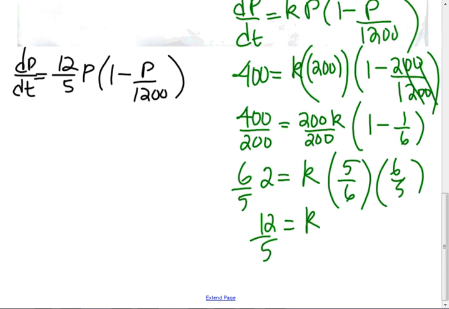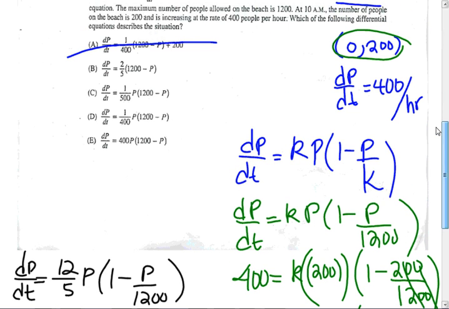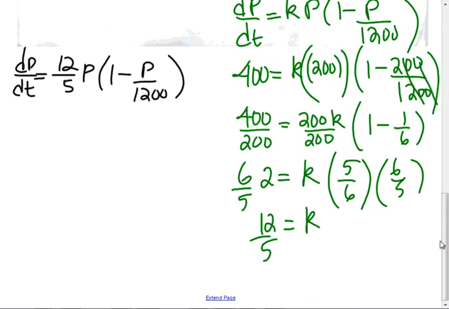All right. That still doesn't look like our answers, does it? Well, let's look at what the answers look like. They're 1,200 minus P. So how about if I factor out 1,200 here? And if I factor that out, I want to put a 1,200 in the denominator.